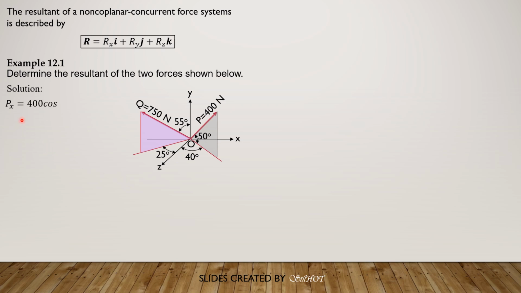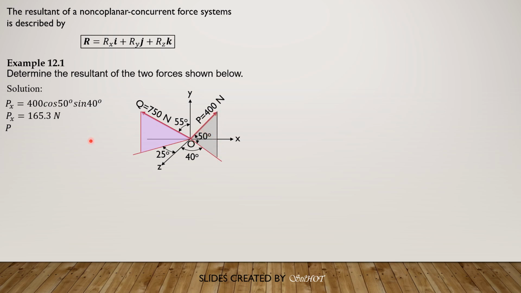So Pxz is 400 cosine 50. Then we multiply further by sine of 40. So P sub x is equal to 165.3 newtons.